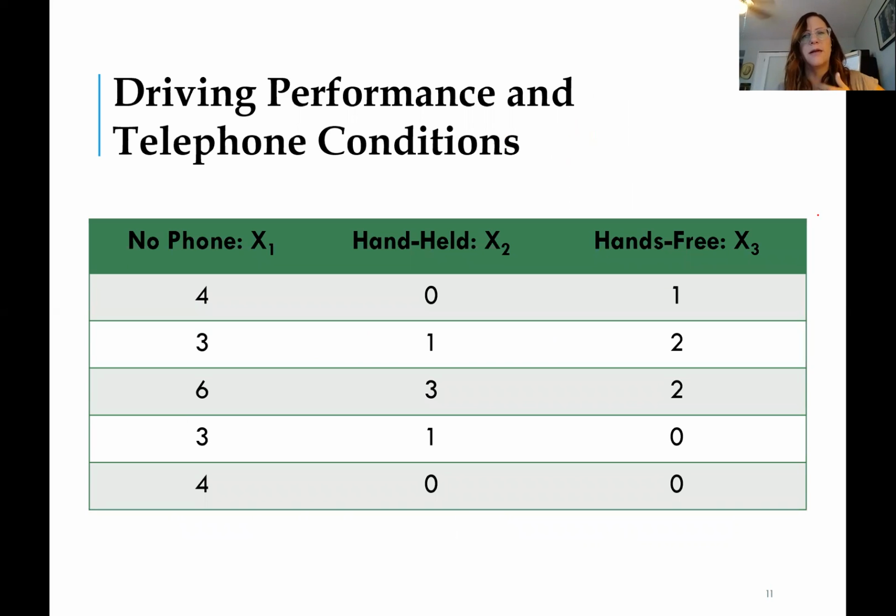So here's the data. Clearly we have 5 people in the no phone condition, 5 people in the handheld condition, and 5 people in the hands-free condition, right? If you really look at this, they're looking at scoring performance, like who scores higher on performance.